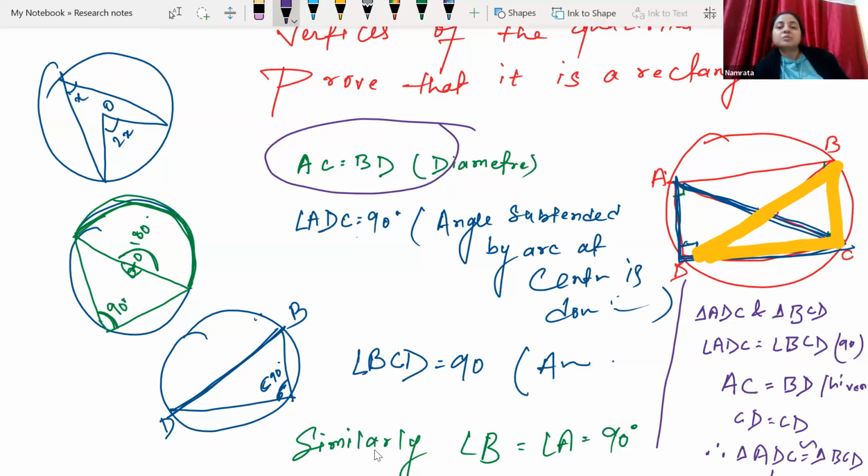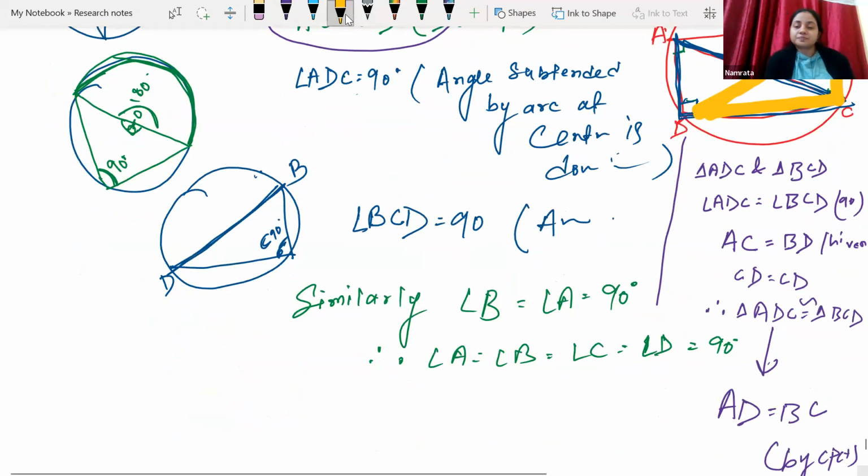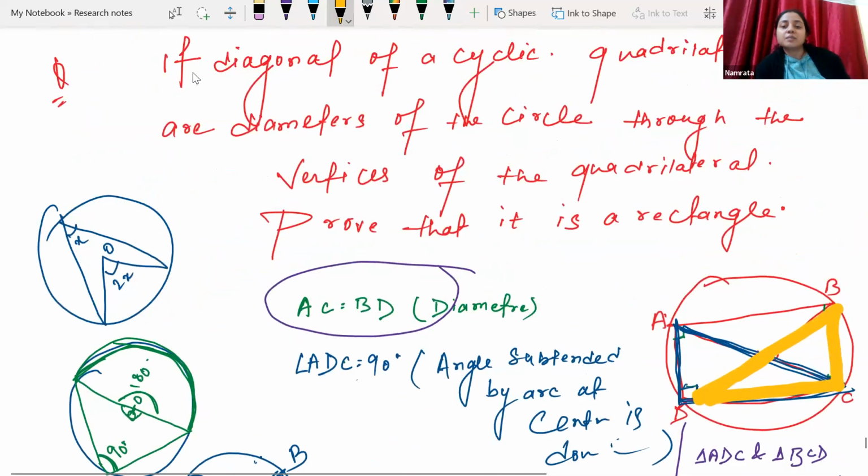After proving the congruency, we are saying that ADC and BCD both are congruent triangles, and hence side AD and side BC will be of the same length. Let's get back to the figure.